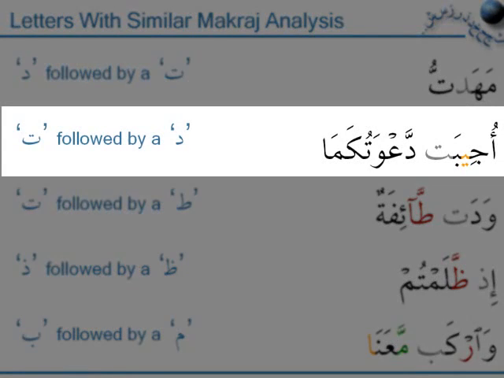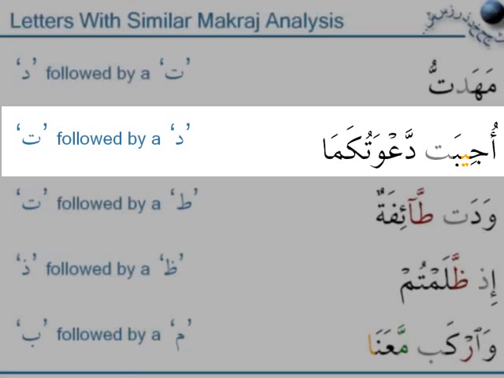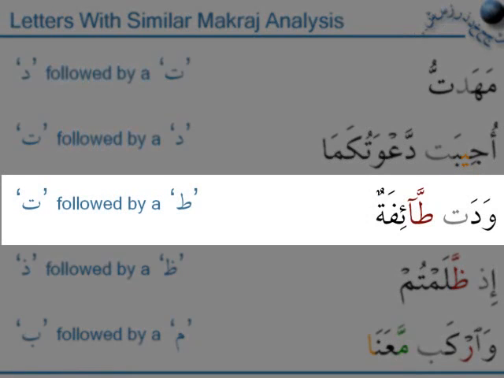The next one is ta followed by a dal. So the example we have here is u ji badda watu kama. So we've joined the ba directly to the dal. So we've got badda.